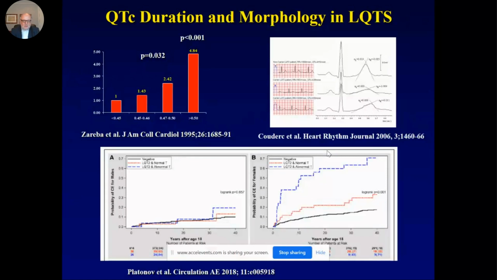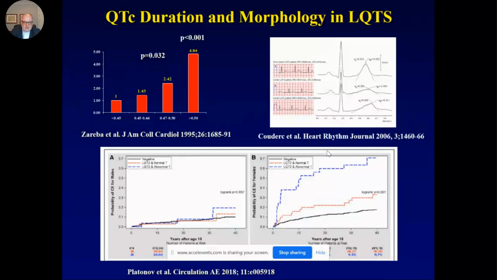And on the bottom, we have a relatively recent publication in Circulation Arrhythmia and Electrophysiology that was done by Piotr Platonov, who will be our speaker soon, and who did analyze with us some value of abnormal T-wave morphology in LQT2 patients.